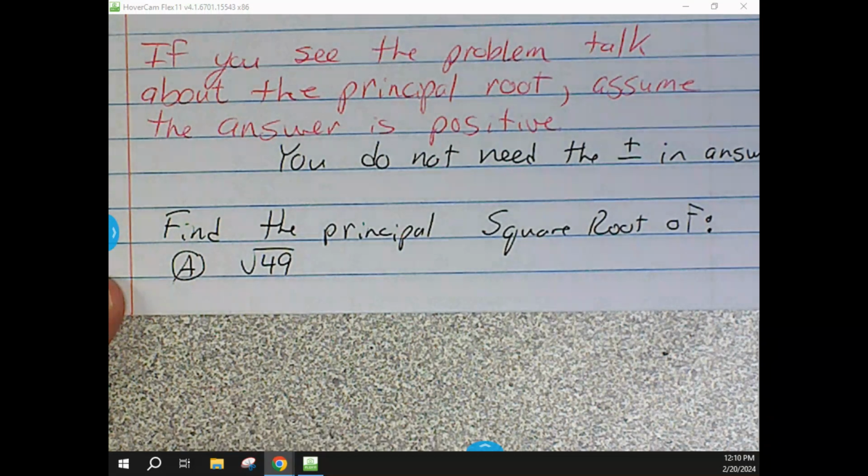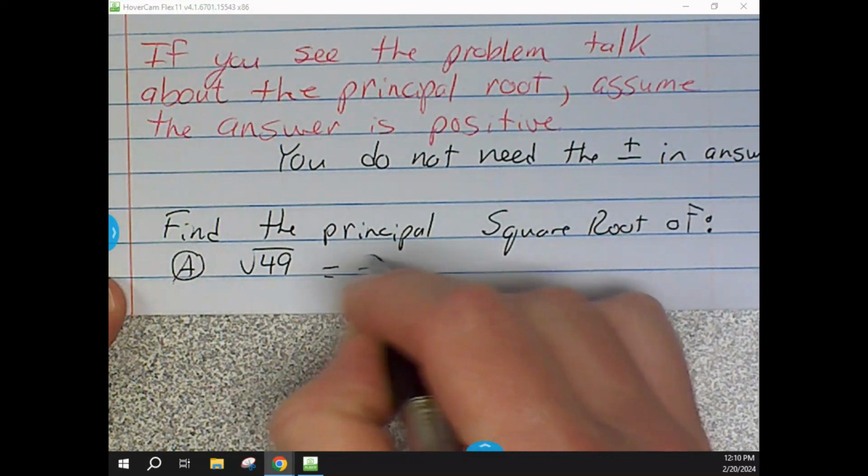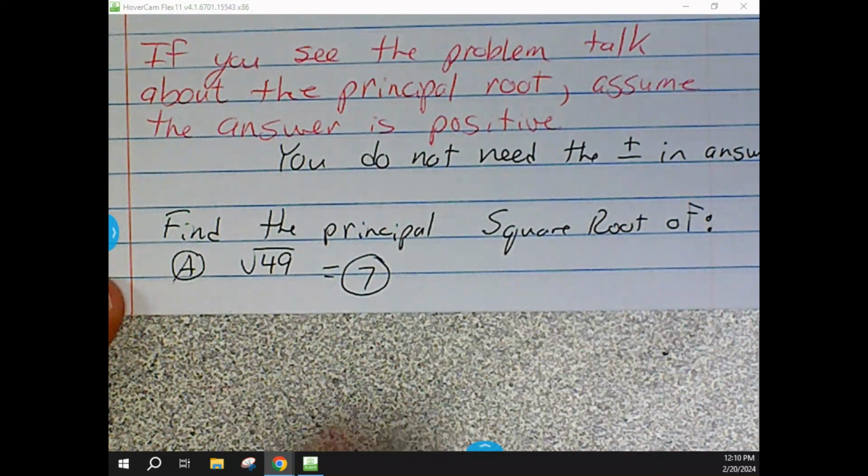Okay, so if it said find the principal square root of 49, the square root of 49 would just be 7. So that one you can just say 7, and it's not a big deal.